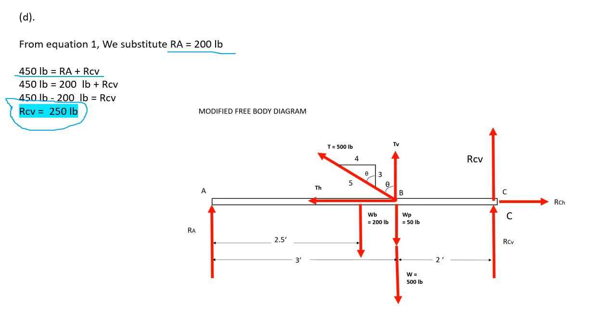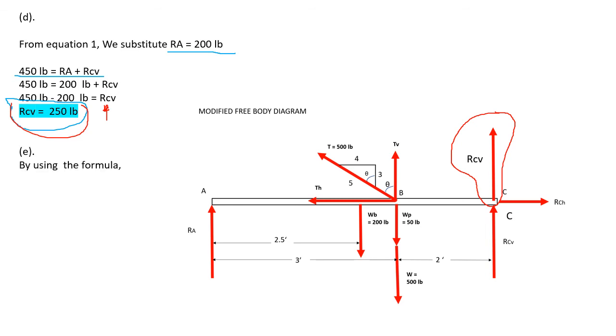So notice also that our answer is positive. Therefore, our assumption of the direction of the reaction at C vertical is correct because it is positive, because it is pointing upward.